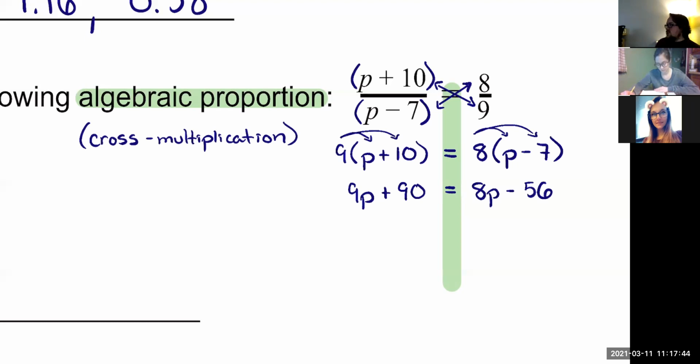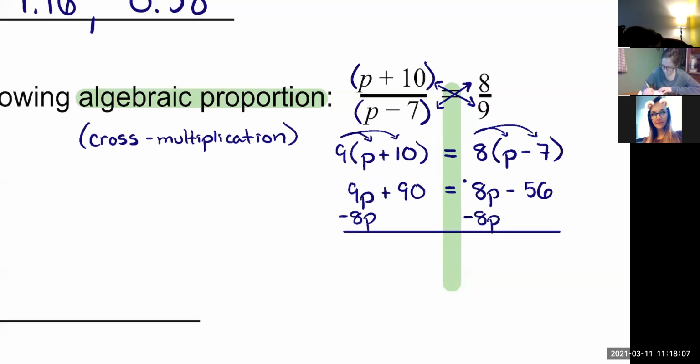Second thing I check for are like terms. Do I have any? I do not, because they're not on the same side. So then I go to the third thing. Do I have a variable on both sides? Yes. Which one would you suggest we move? The 8p. And how would you suggest we do it? So we'll subtract 8p from both sides. So it removes it from the right-hand side. On the left, 9p take away 8p is just p plus 90 equals the negative 56 left over on the right-hand side.